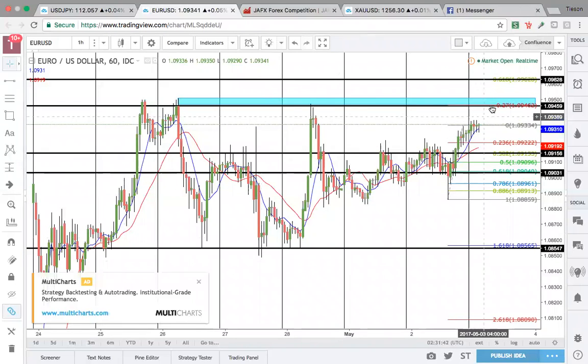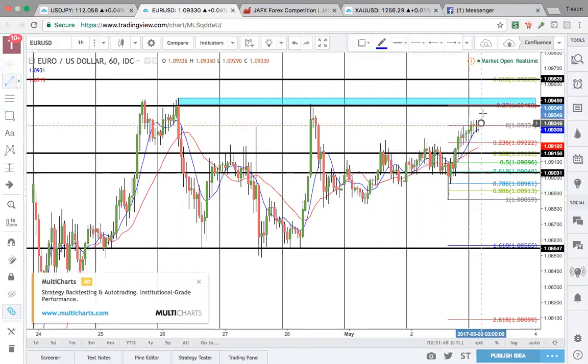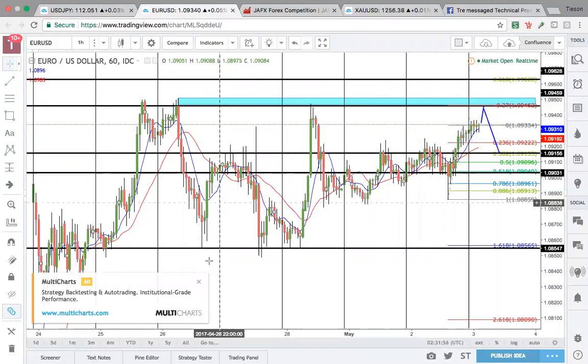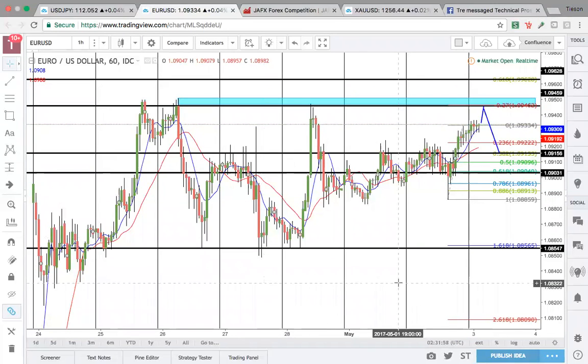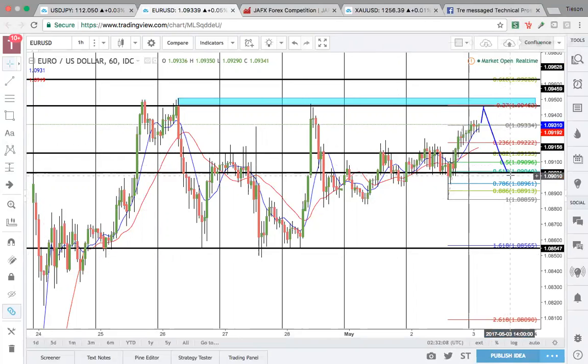Now it's trending up, so I'm going to look for a negative 27 touch probably. If it does want to keep going up, I'll look for a little negative 27 touch, maybe a little wick there. And I'll look for it to go down to 38.2, which is a key Fibonacci level.